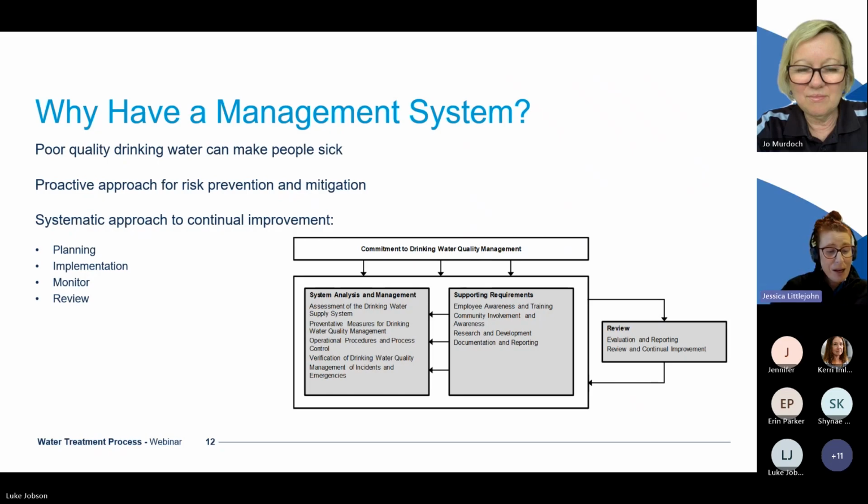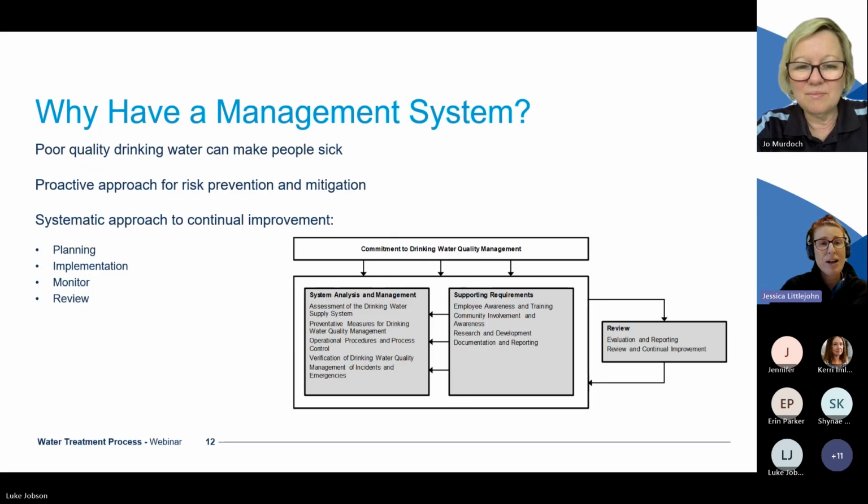So to ensure that we are managing risks effectively, we've developed a drinking water quality management system, which instills a proactive approach for risk prevention and mitigation. At its heart is continual improvement. So we're always learning and improving our systems based on what the risks are at the time.